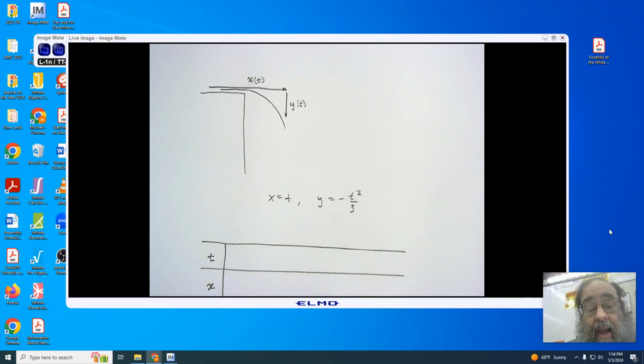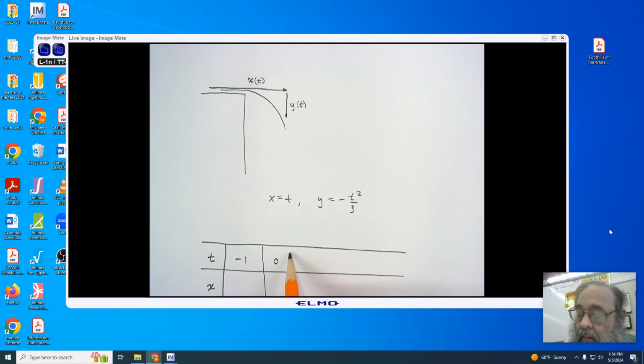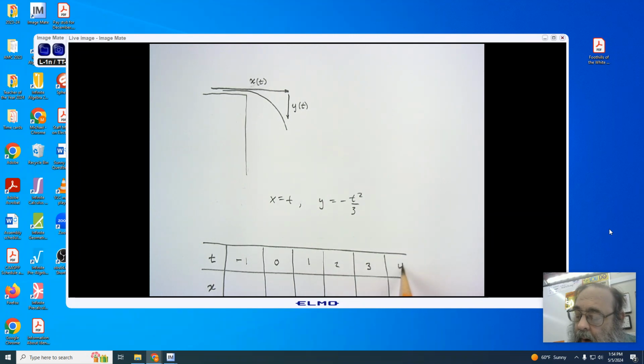Now, we're going to think about this in terms of an infinite domain, because you'll notice no matter what value I have here and here, my domain is the same. So I don't have to worry about that right now. So I'm going to do negative 1, 0, 1, 2, 3, 4.